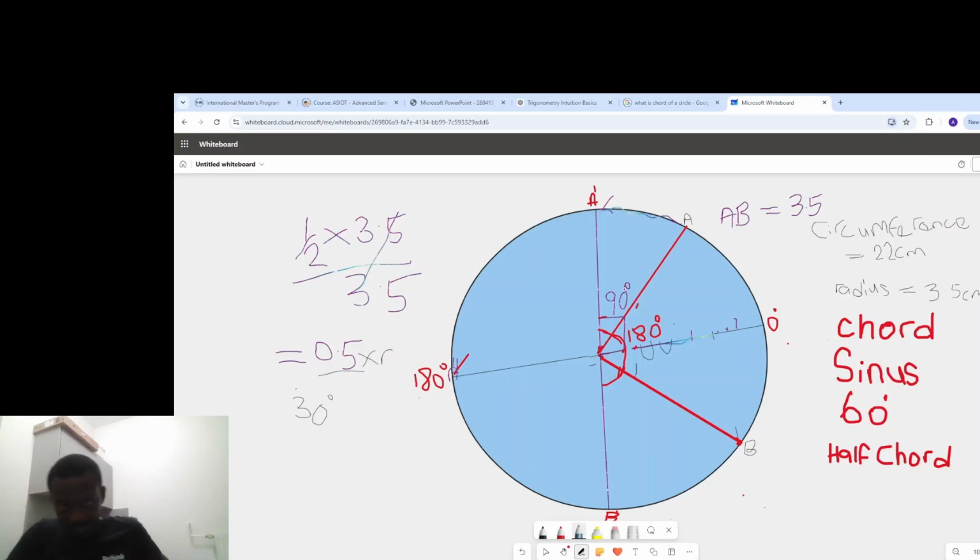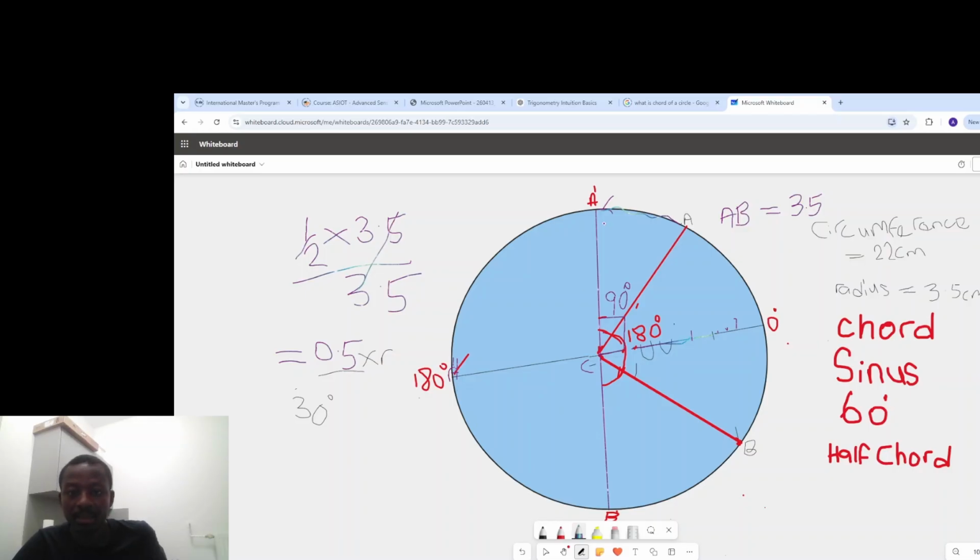And the distance or the length, we still have our C, which is the midpoint as well.